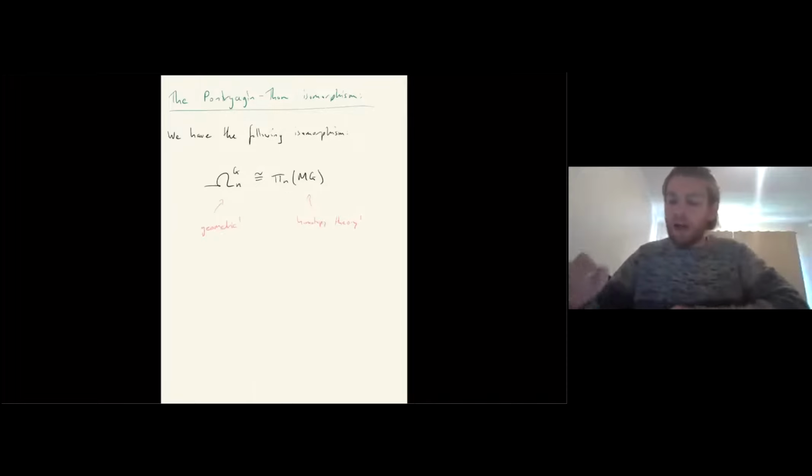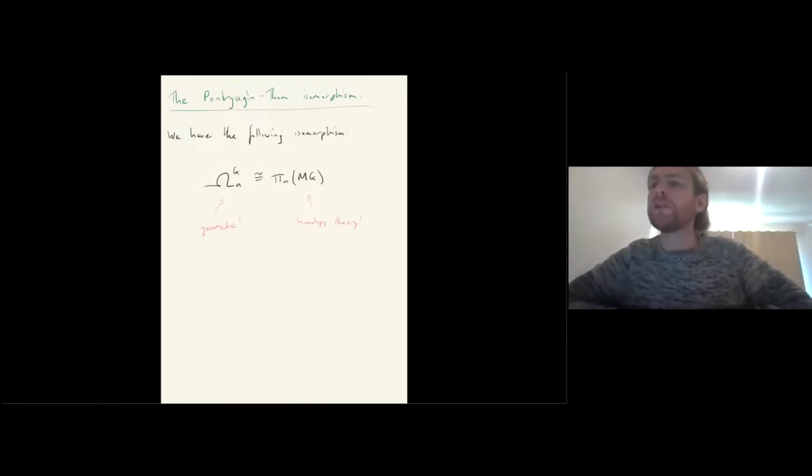Yeah, so I guess it's hard to know how much to go into the definition of what these spectra are. The idea that is maybe a good thing to keep in mind is that if you take a space, then you can take the suspension spectrum. So it's a spectrum version of a space. And in that case, the homotopy groups are exactly the stable homotopy groups of the space. So if you've heard of stable homotopy groups of spheres, you might care about those.